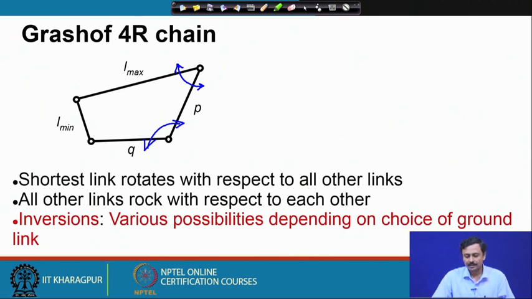Now, this leads to some interesting kinds of chains or mechanisms which are called inversions. So, what are inversions? Inversions of a chain are the various possibilities of motion depending on the choice of the ground link, that means the link which I fix.